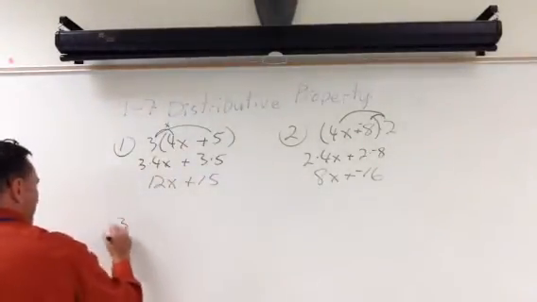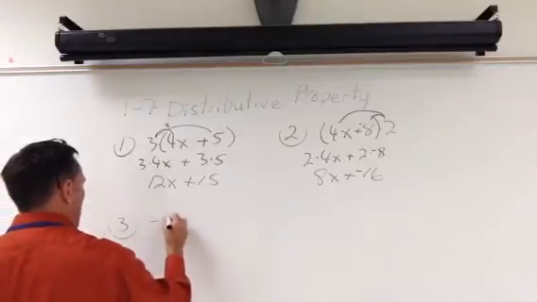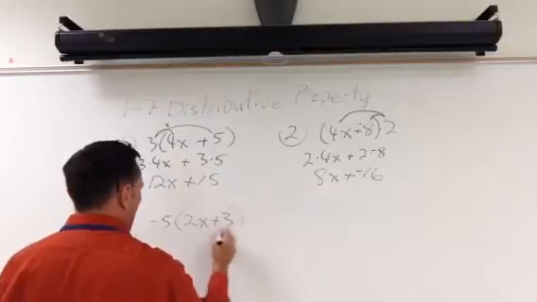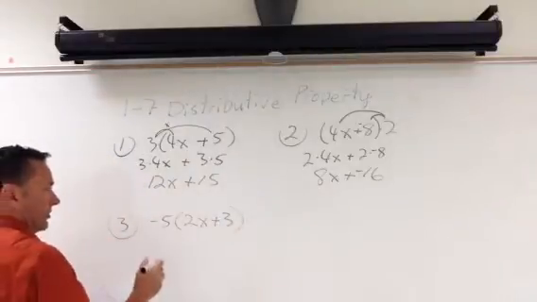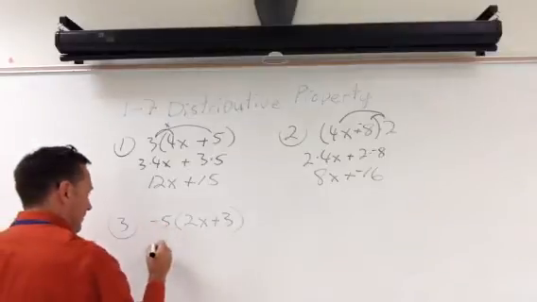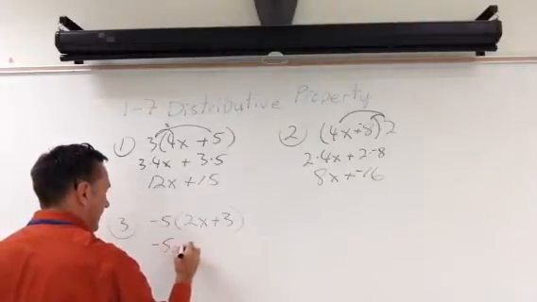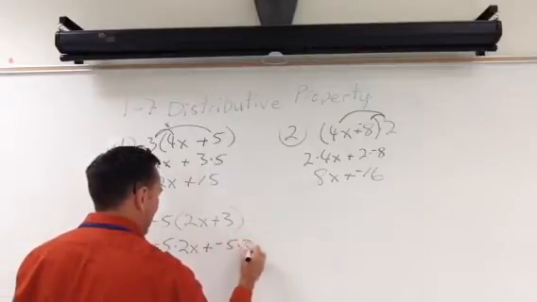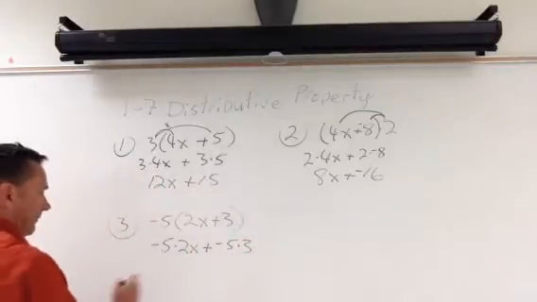Number 3. Here we have a negative number out in front. We still have two terms inside. This negative stays with this 5, so it becomes negative 5 times 2x plus negative 5 times 3.